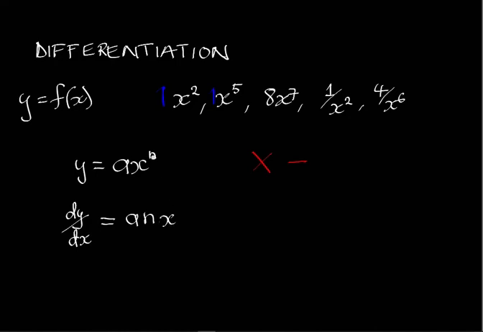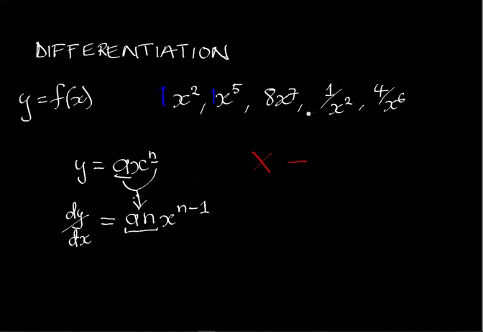Then to the power of x here, we're going to subtract 1. Just that simple thing. If you can remember this formula, we can differentiate all these terms we had at the top. We multiply this coefficient a with n, then we get this part here. So this is the multiplication. These two give us an, and then to the power that we had, we're going to subtract 1. Just as simple as that.